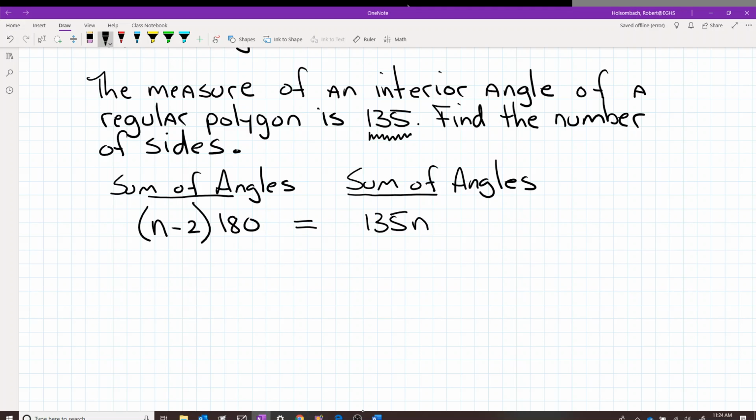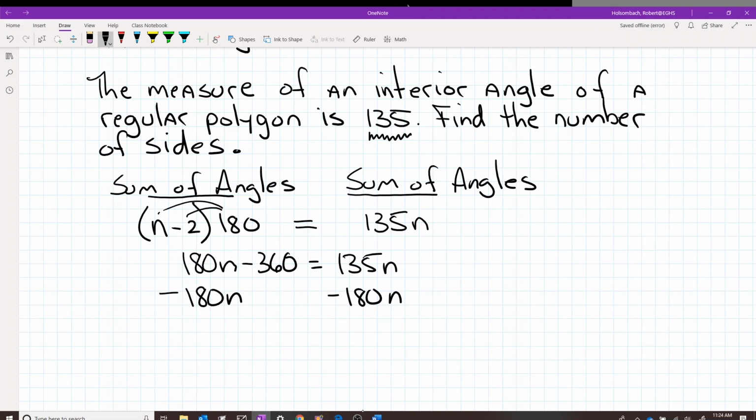On the left-hand side of this equation, you have to do the distributive property first. So your n times 180 is 180n, and your negative 2 times 180 is negative 360. And that's equal to 135n. If you subtract 180n from each side, then negative 360 equals negative 45n.